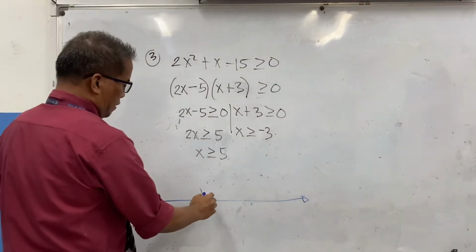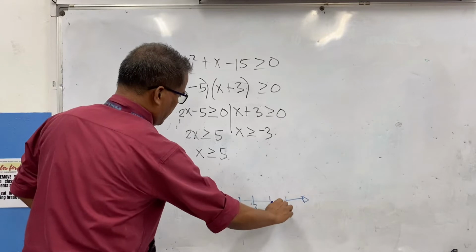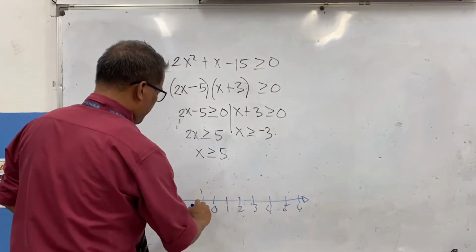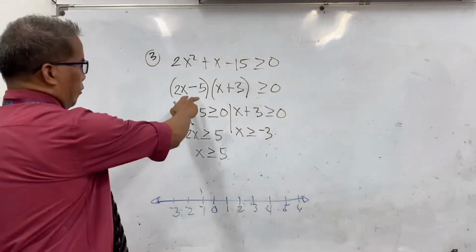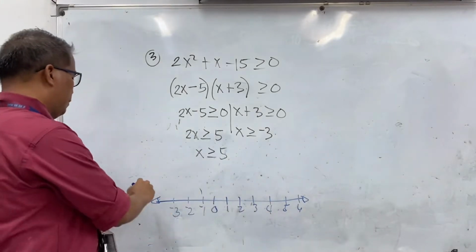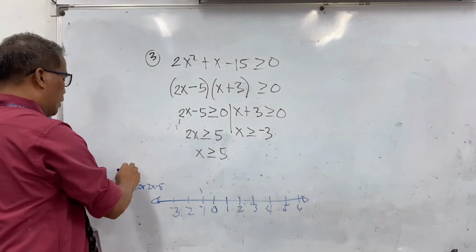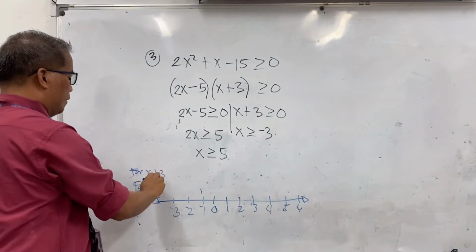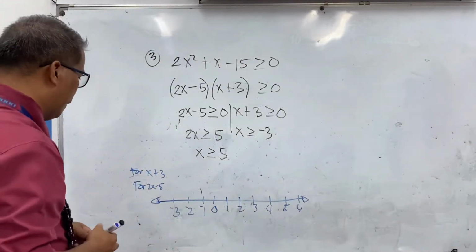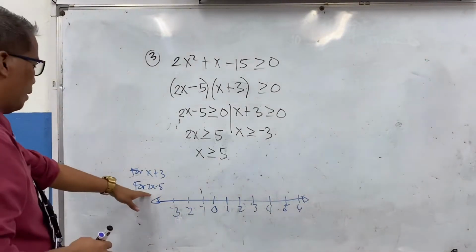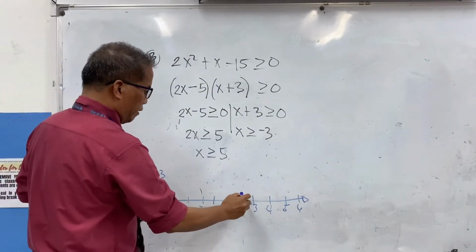So we will assign 0 here. We will use this factor, so we have 2x minus 5. Then the other one is x plus 3. In order to make 2x minus 5 equal to 0, the value of x will be 5 over 2 or 2.5. So 2.5 is here between 2 and 3.